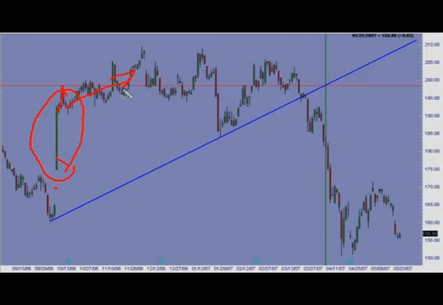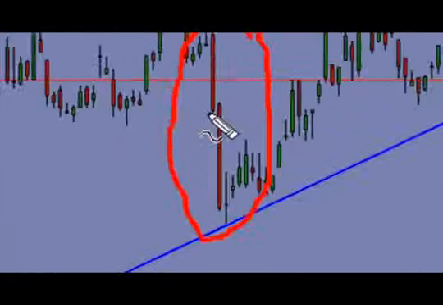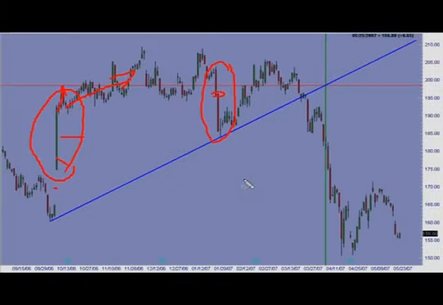Another version of the explosive move is the dual bar explosive move. An example can be seen right here, where you have two bars, and if you look at it, it ends up about the same length as we see over this bar, but the difference is it took two bars to get there. The characteristics of these two bars has a connection in that there's a slight overlap between the two, and that's typically what you will see when these dual bar explosive moves occur.